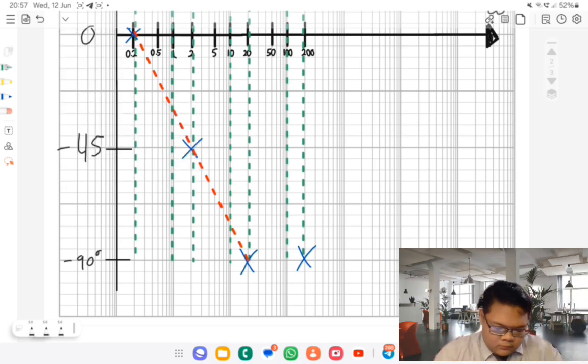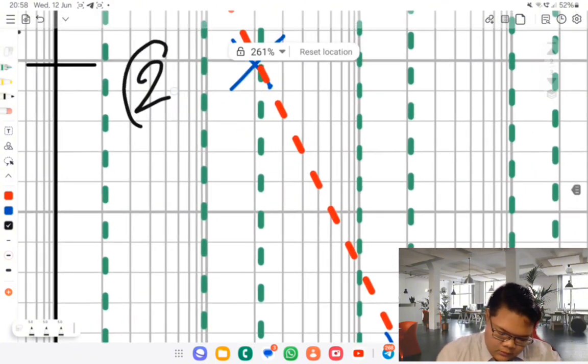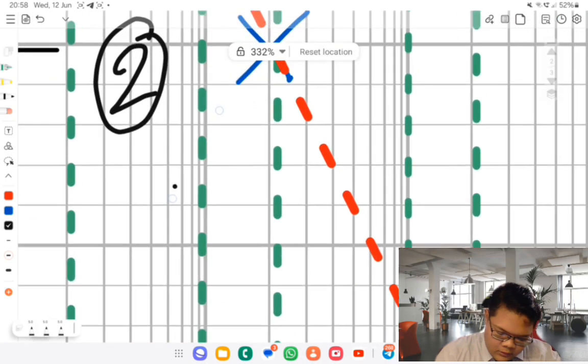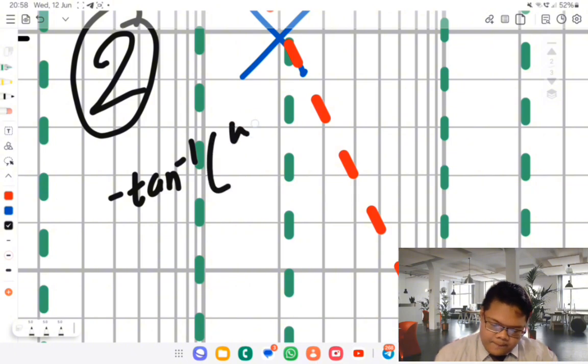Okay, so I will rename it to the second part, which is negative arctangent omega over 2 for this part.